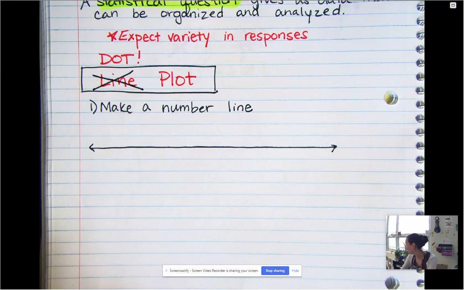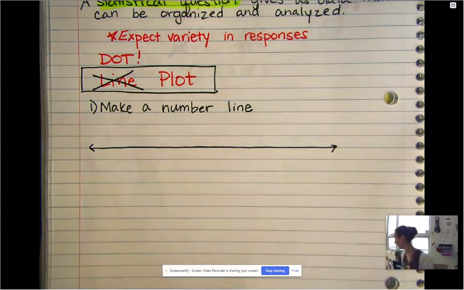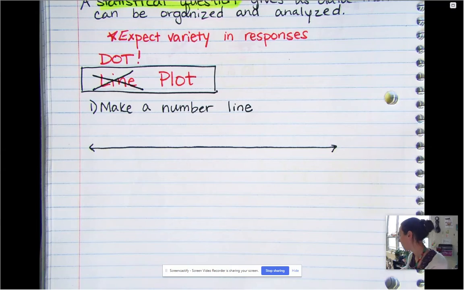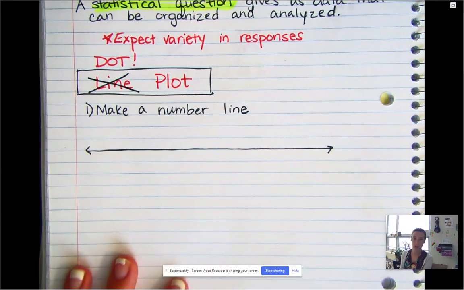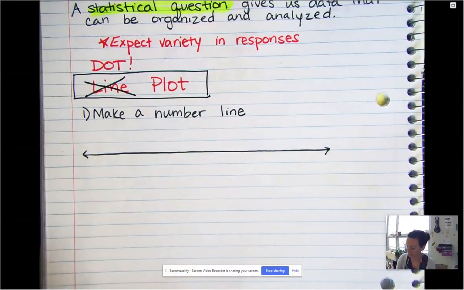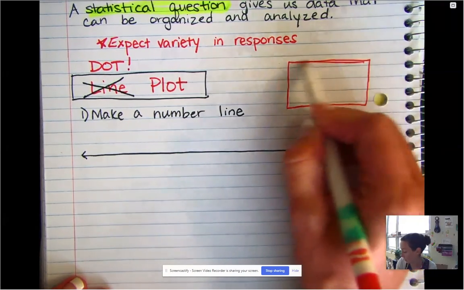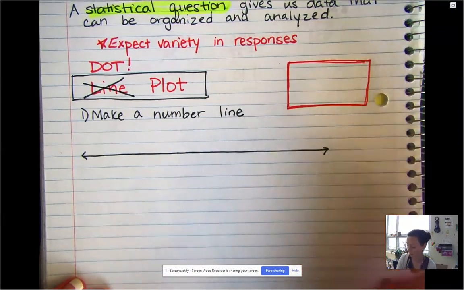And we're going to use a data set. If we did numbers of books that people have read. So here's our data set. And the data set is just the numbers that you're given as the answer to the question.